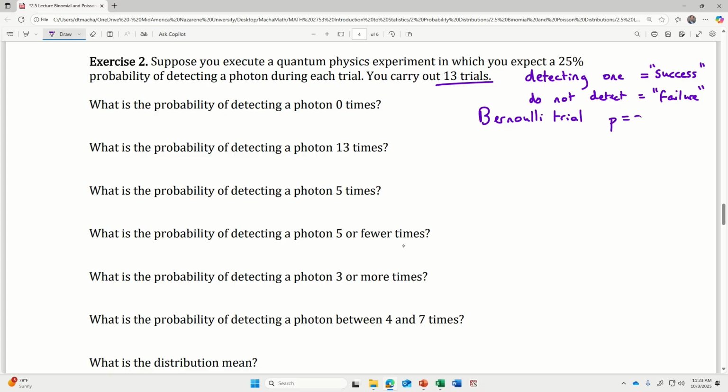This time the probability of success is 0.25. The random variable that I'm concerned about here is the number of photons that we pick up out of 13 trials. That's the sum of Bernoulli trials. And if a random variable is the sum of several Bernoulli trials, we say the random variable is a binomial random variable.